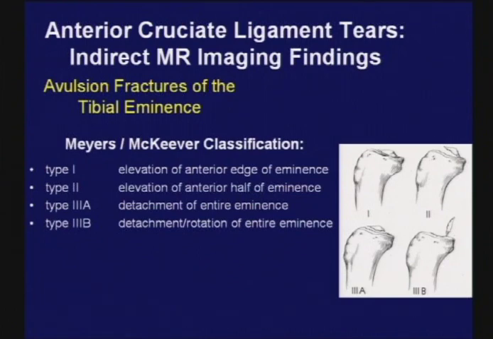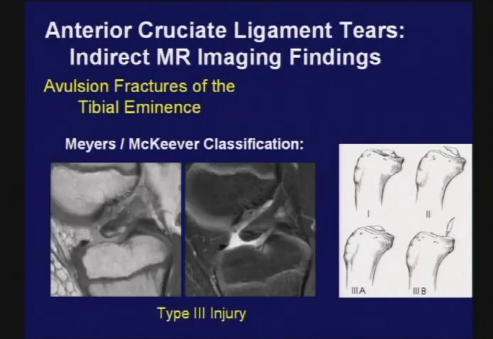I show it here in a picture taken from the literature with higher numbers indicating further displacement and even rotation of the displaced fragment. And for many years, plain films and CT were used. Now we're getting more cases where MR is used.